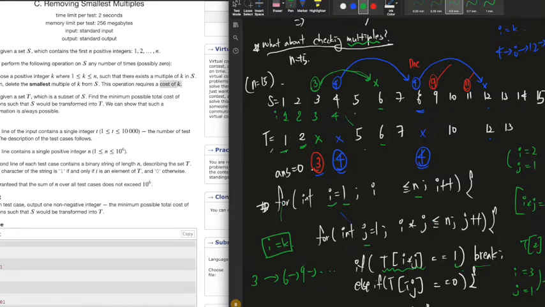And when I is equal to 5, we have 5 here, so skip. 6, skip. 7, skip. 8, we have to think about 8 because we don't have it. But the multiple of 8 will be 16, but n is equal to 15, so we don't need to think about 16. And what about 9? We don't have 9, so the cost of 9 will be 9.